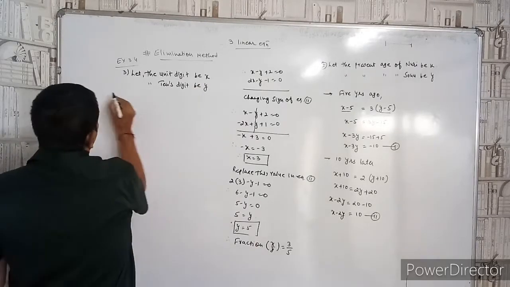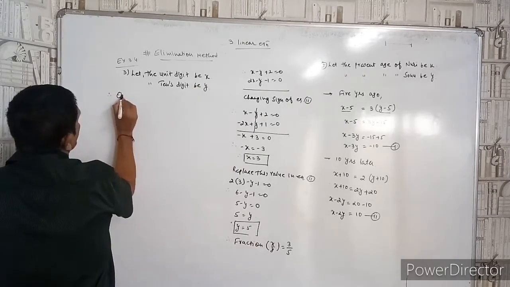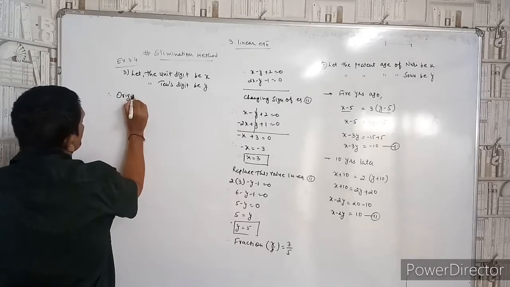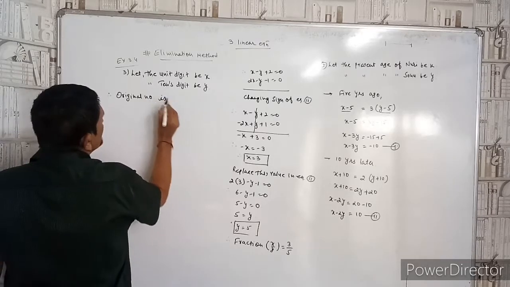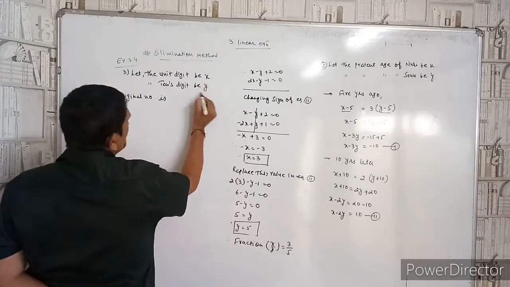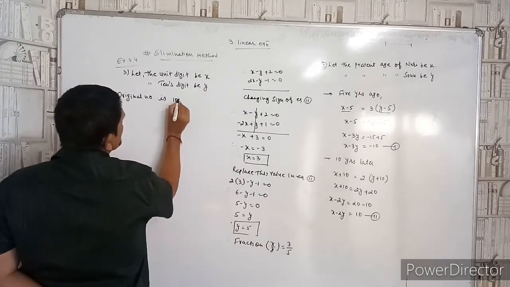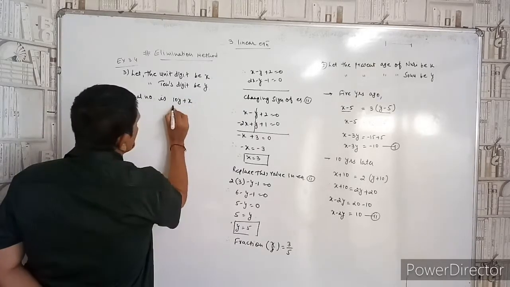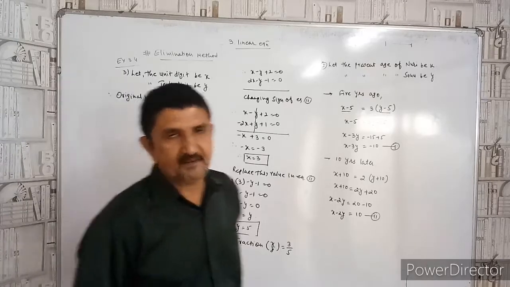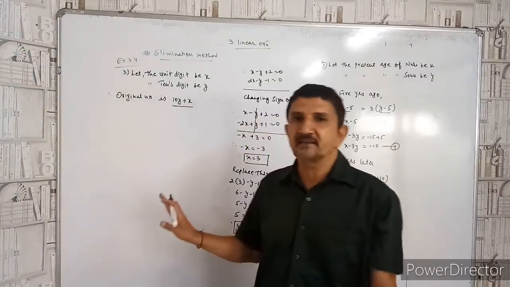So therefore the original number is: the tens digit will be multiplied by 10, so it is 10y, and the unit digit is added, so it is 10y plus x. Up to this it is clear.